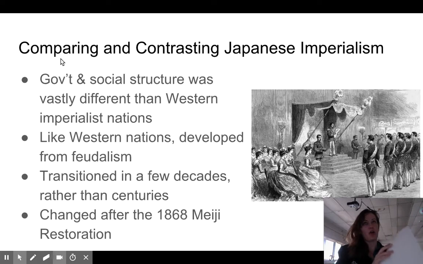Whereas we saw the European feudalism transition over centuries throughout the Middle Ages and afterwards, Japanese feudalism transitioned out in just a couple of decades, really after the 1868 Meiji Restoration, which really is after the Western Industrial Revolution was already well underway.